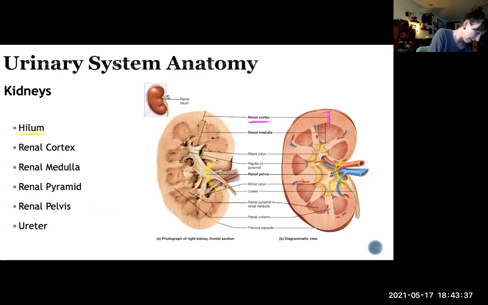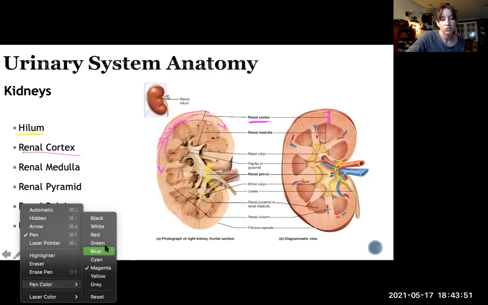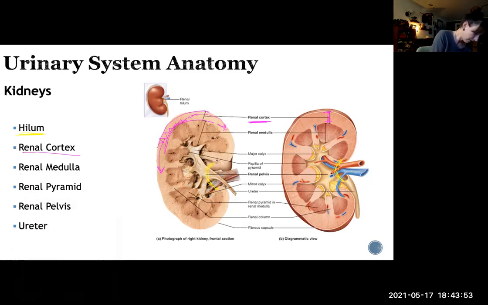It's going to be basically everything from here to here, all of this and all the way around. The medulla is the inner part, okay? So from here to here and all the way around.